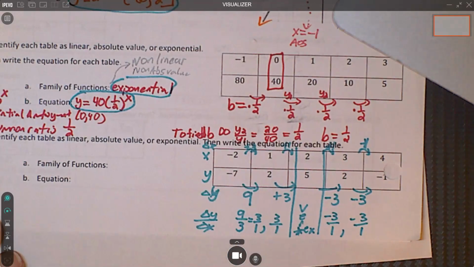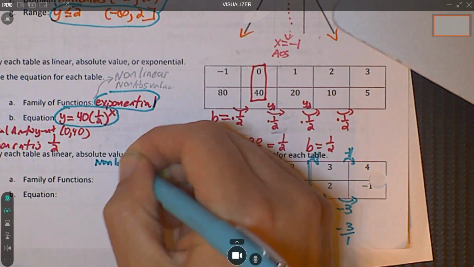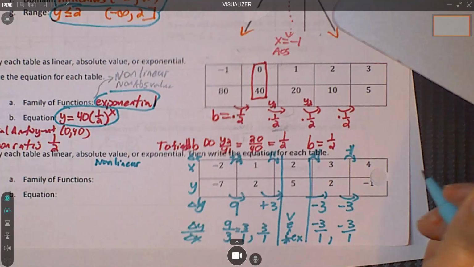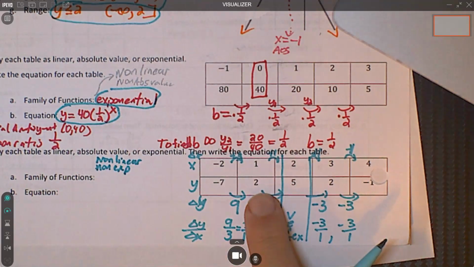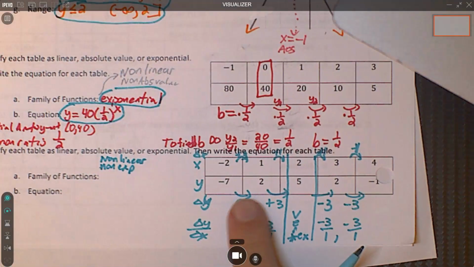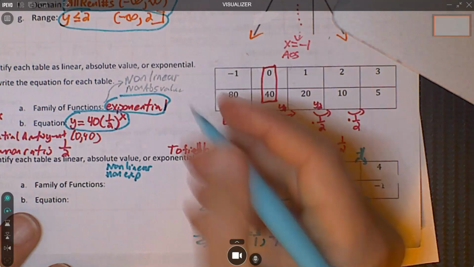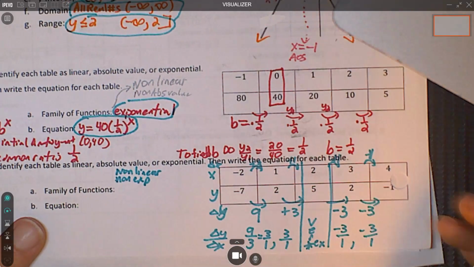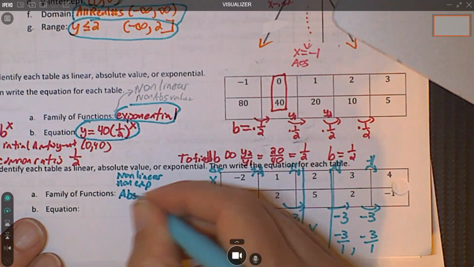So it's not linear. It's non-linear. It's non-exponential, because 2 divided by -7 is -2/7. 2 times -2/7 isn't 5. So this is going to be an absolute value.